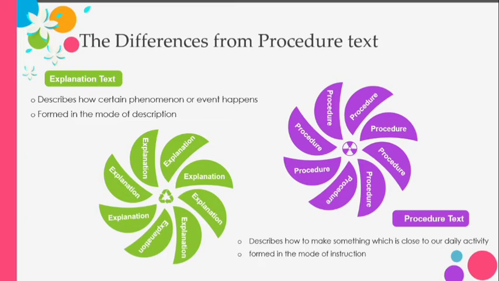When you find a procedure text, you only find instructions about how to make something or how to use something. But in explanation texts, you will find a brief explanation or description of the chronological steps of how and why something works and happens. Those are the differences between procedure texts and explanation texts.